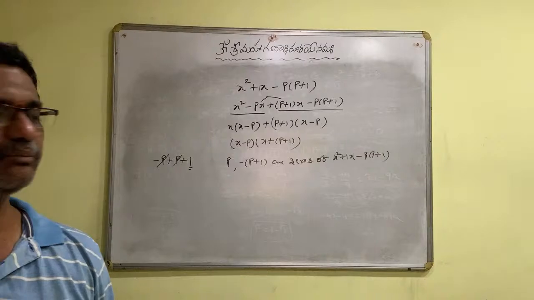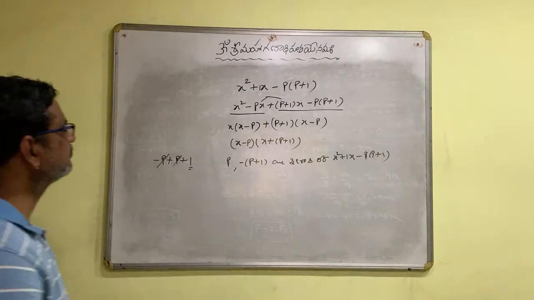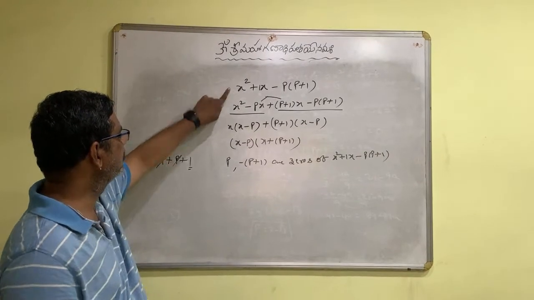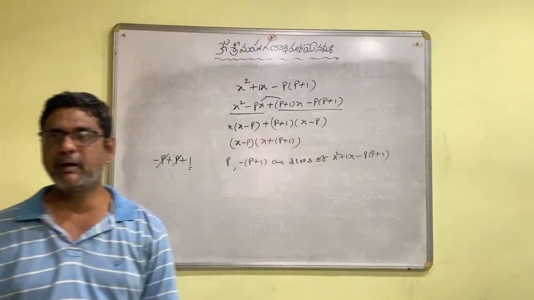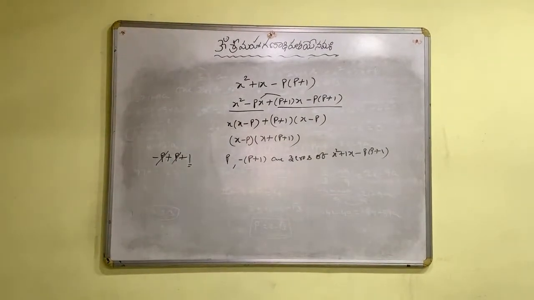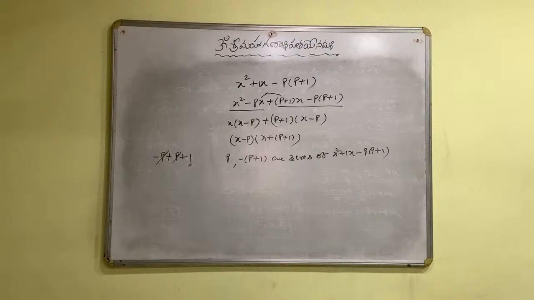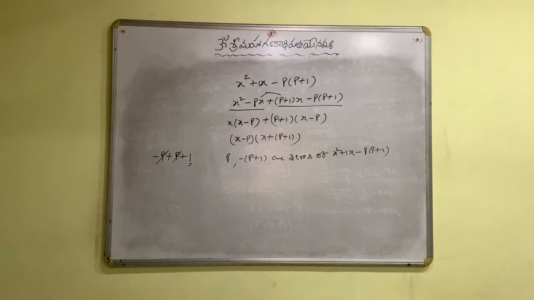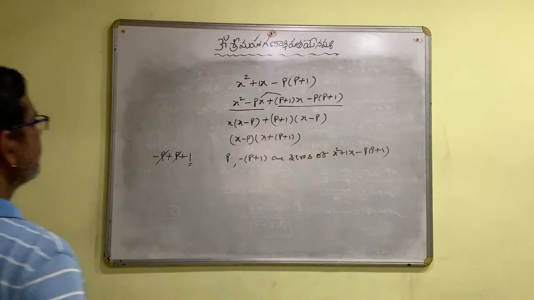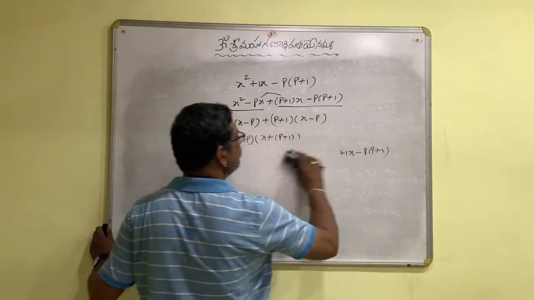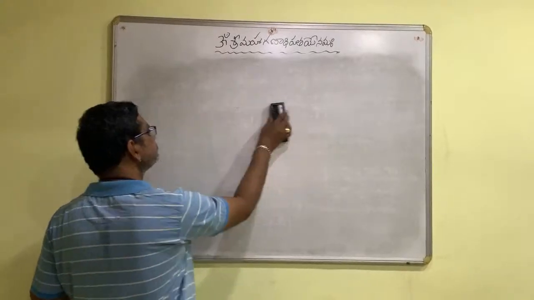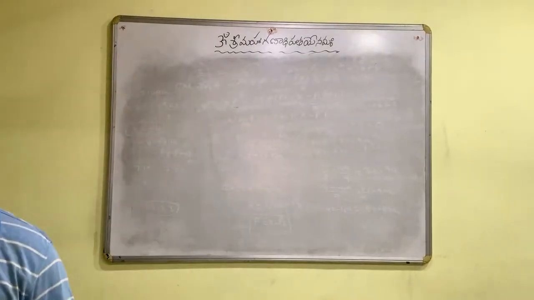Okay? So the zeros of the given polynomial are p comma minus of p plus 1.